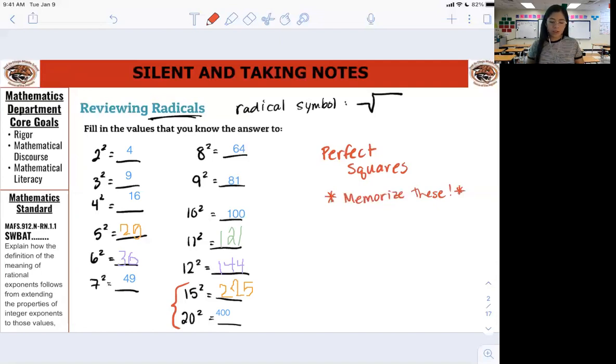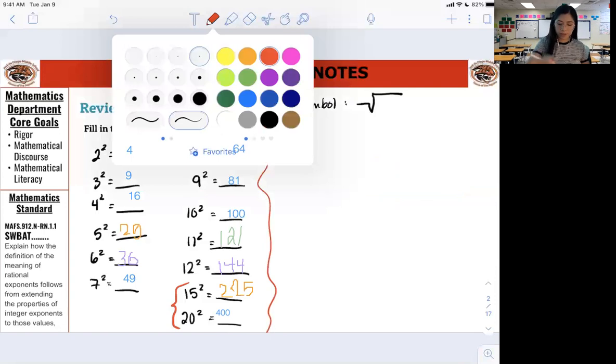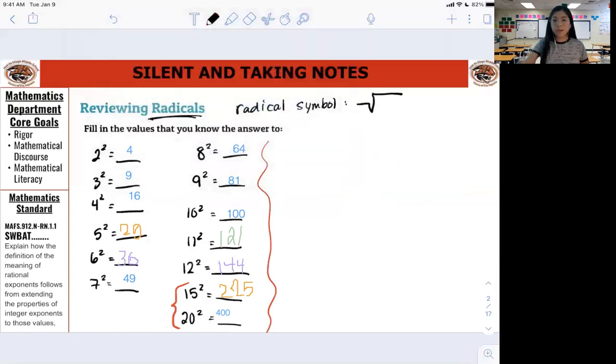Okay. So what I'm going to do now, I'm not going to erase what we've got, but I am going to write on the other side. Now we're going to do the square root of things. And you're going to see it's the same exact numbers, just kind of working backwards. So the square root of 4, the square root of 9, square root of 16, and you can fill these in as you go.